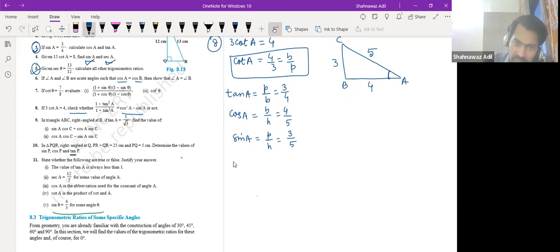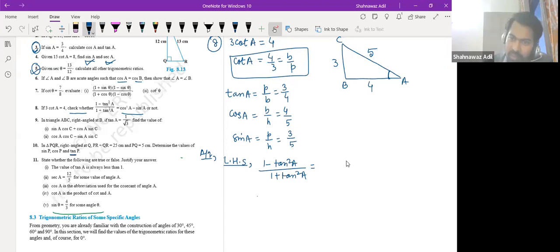So in the LHS, what do you have according to the question? In the LHS, you have 1 minus tan squared A divided by 1 plus tan squared A. This is your LHS, right?